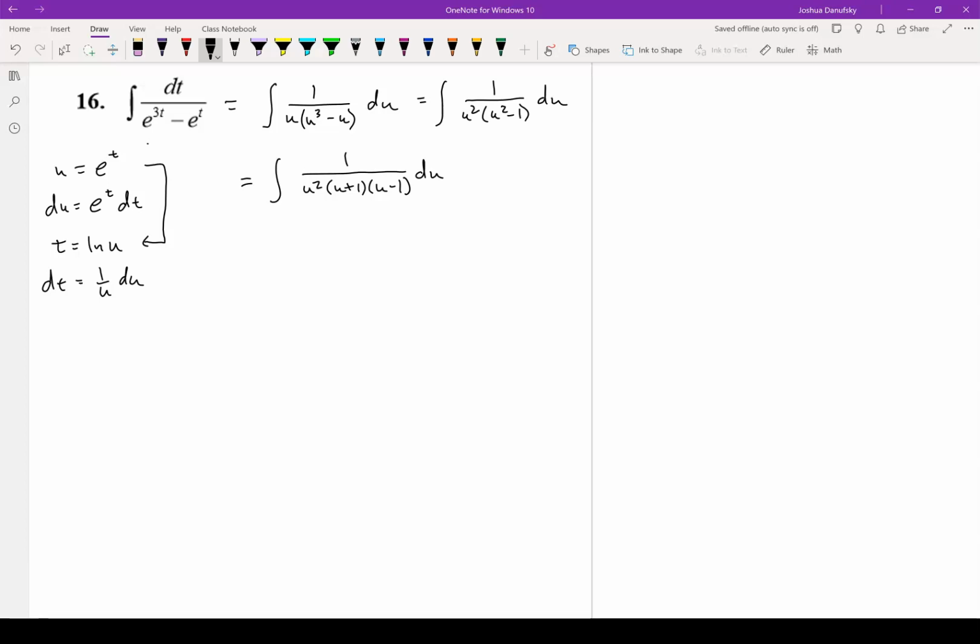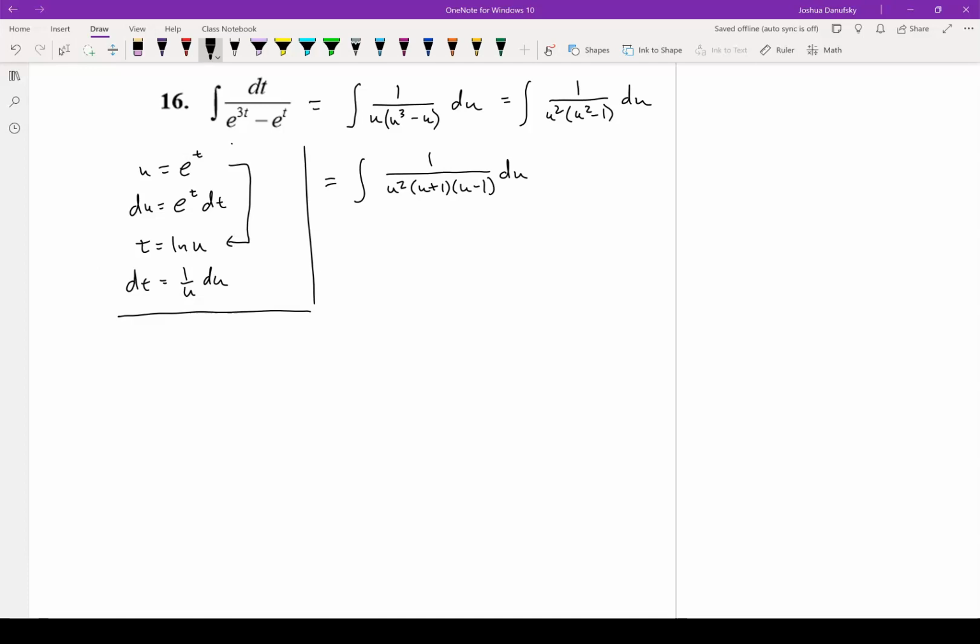Now we're ready for partial fraction decomposition. We have a repeated linear factor of u, so we're going to write A over u plus B over u squared. Then we have our non-repeated linear factors like this.